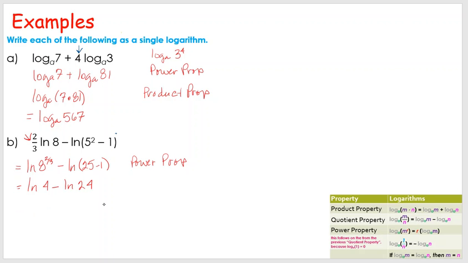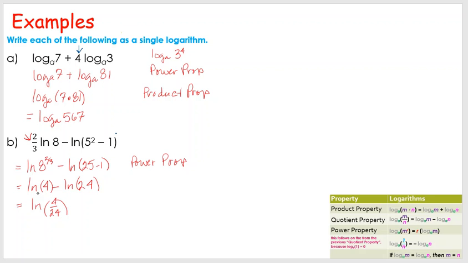Now, I notice from my quotient property that since those are being subtracted, I can rewrite that to look like this. Hold on, my brain kind of went blank. 4 divided by 24. And you can always put those in parentheses if you want.